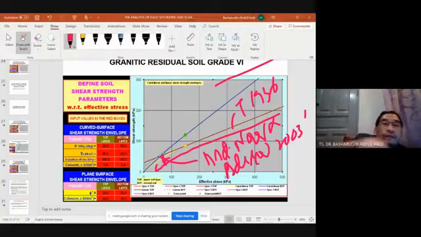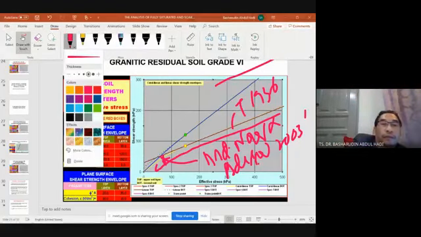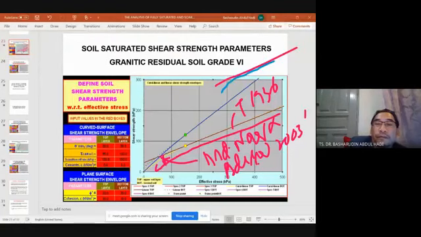We change the pen color first. So another one comes like this. This one comes here straight, and then it curves. This one is parallel, this one is the straight line.